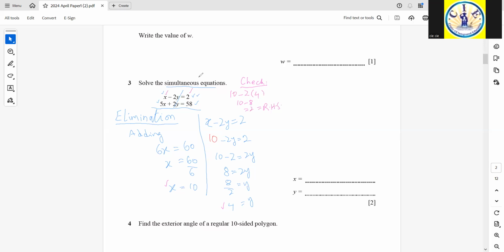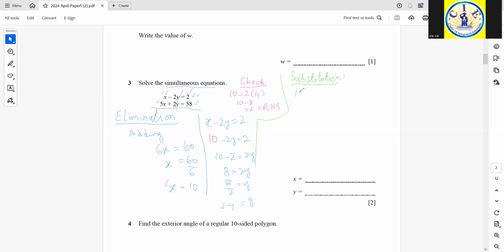Okay, as I was saying, I would be doing this question in two ways. So let me solve this same question with the substitution method. For the substitution method, we can take the value of any variable from any of these equations.